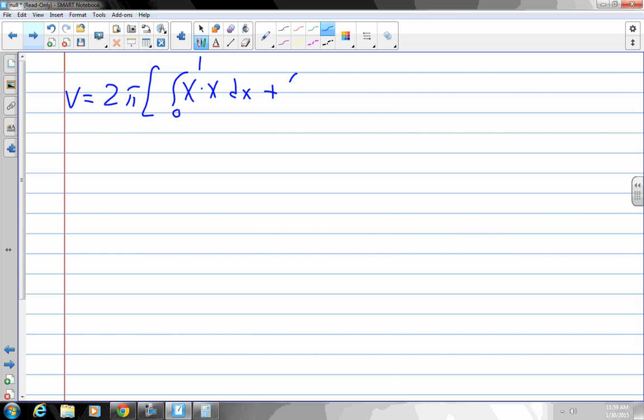And then plus the integral from 1 to 2, x times 1 over x dx, right? Well, right, because it's the height of the shell.